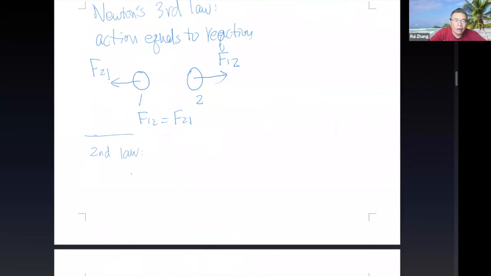So we have F equals ma. The first thing we notice here is that the mass is definitely a scalar, but the acceleration, as we know, is a vector, so we need to put an arrow on top of it. Based on this, what do you think about the force? Is the force a vector or a scalar?